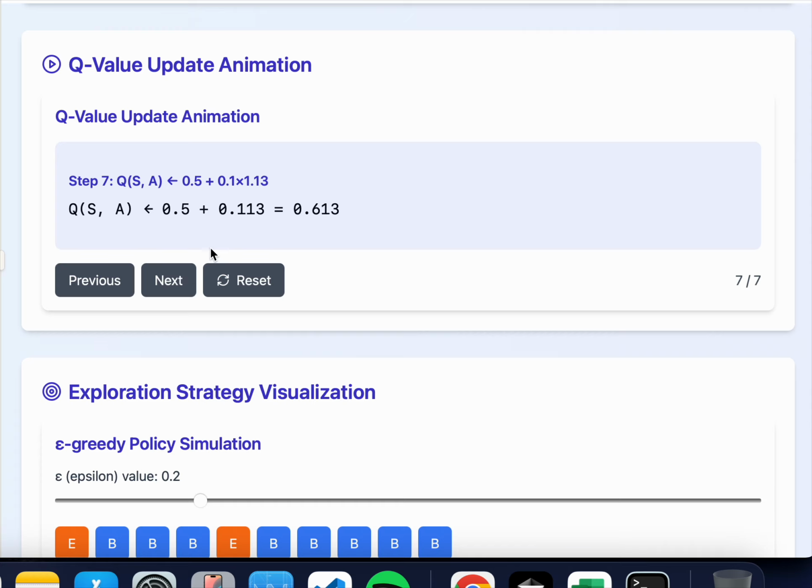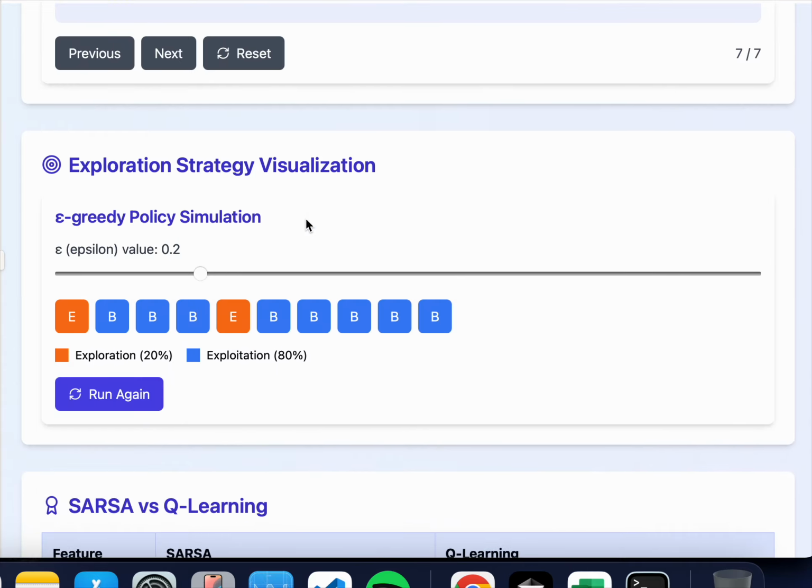So the update becomes Q of s a gets updated as 0.5 plus 0.1 times 0.13, which gives us the new Q value, and it is 0.51. I hope that's okay.